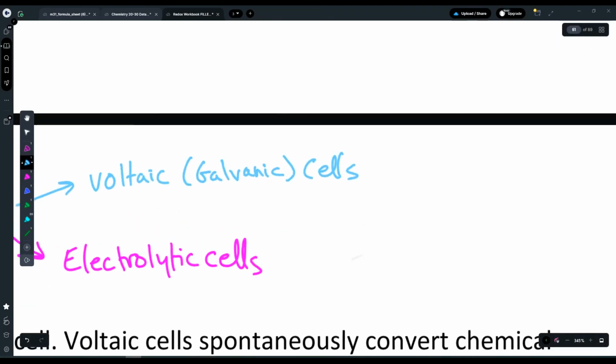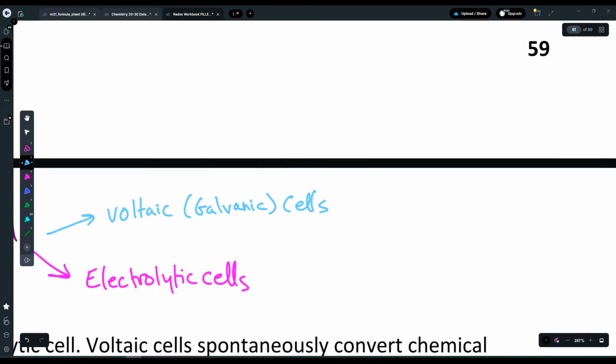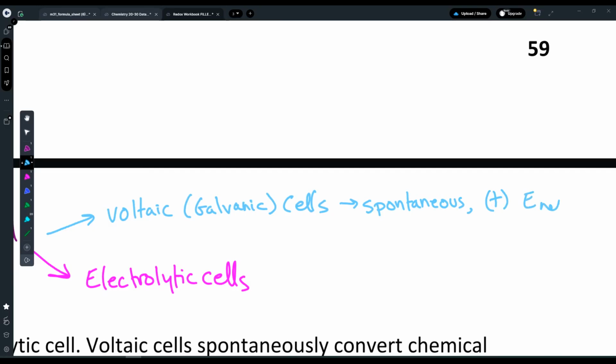So with voltaic cells, those operate using spontaneous reactions, and you get a positive electric potential from these cells. So this just means positive electric potential.